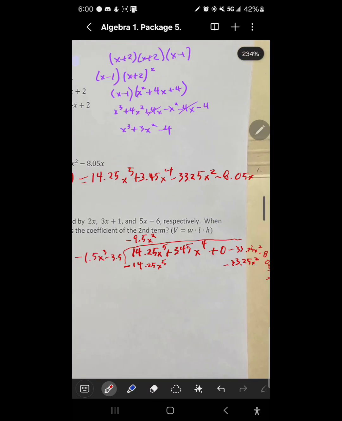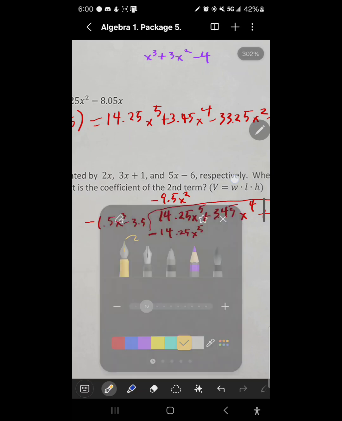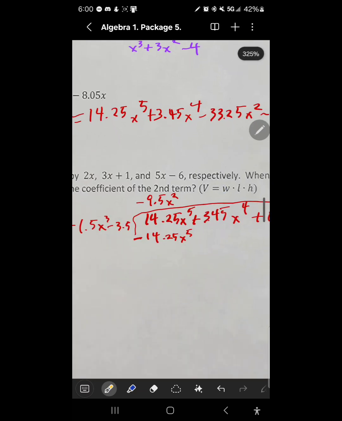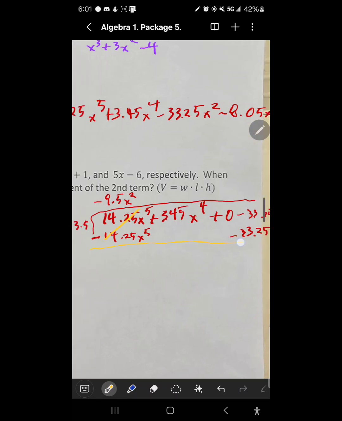Now, you see that I wrote it right under the x squared. Now you see why. So here, we can cancel out this, and then this will be, I need to write this again.